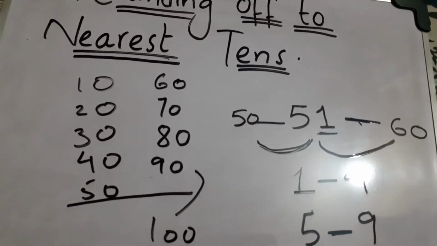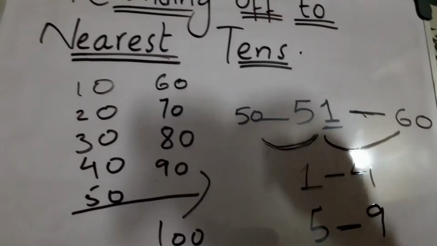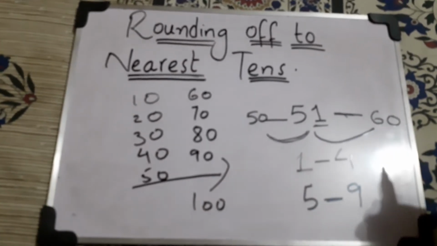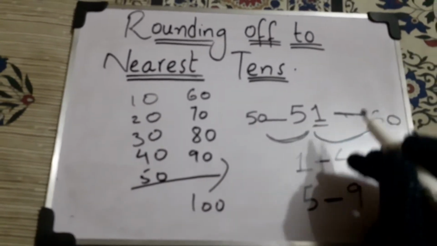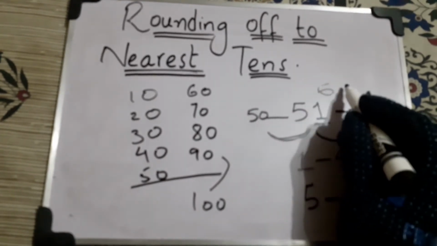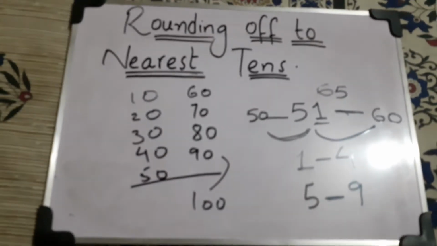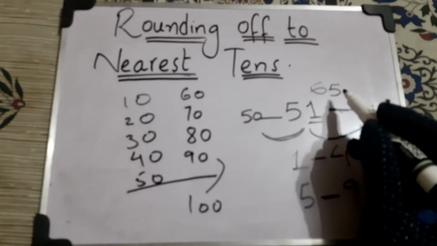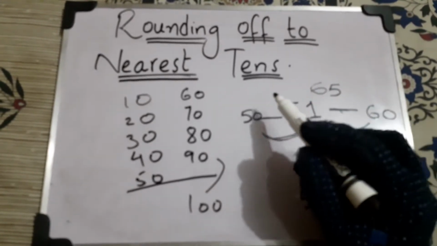Okay, so for example, if you have the number 65, does the round off go ahead or go back?